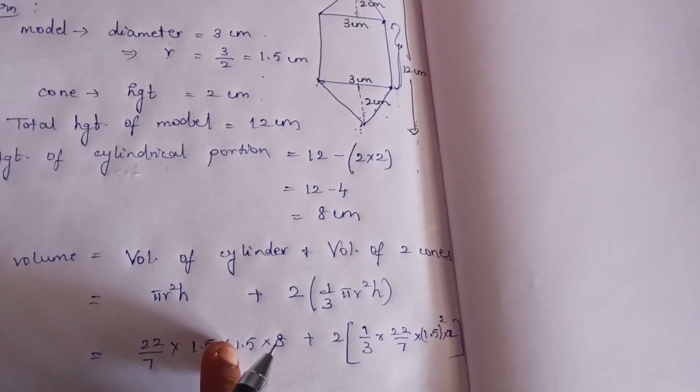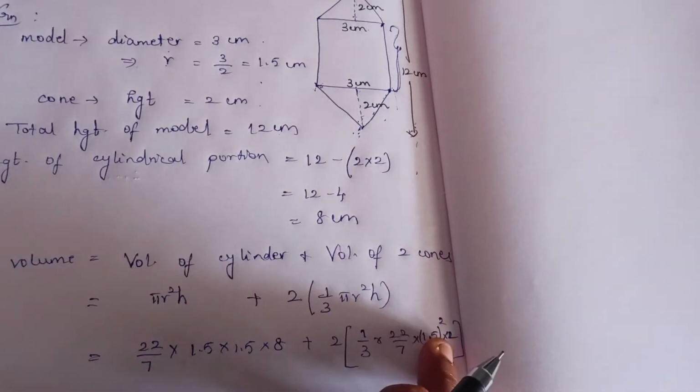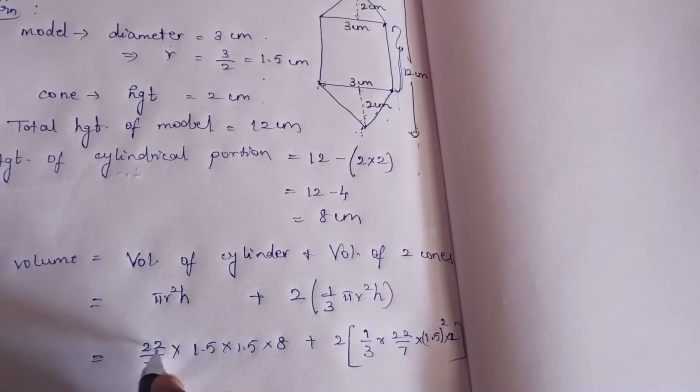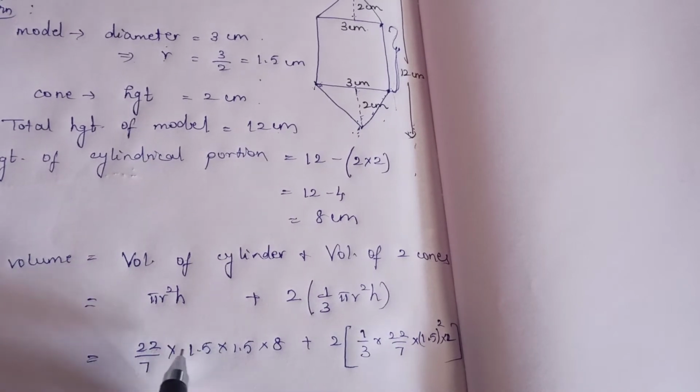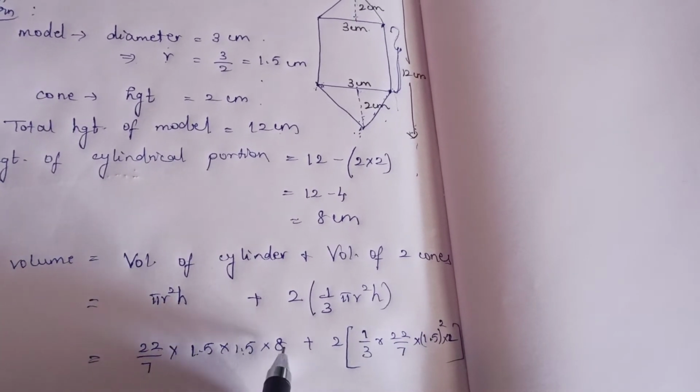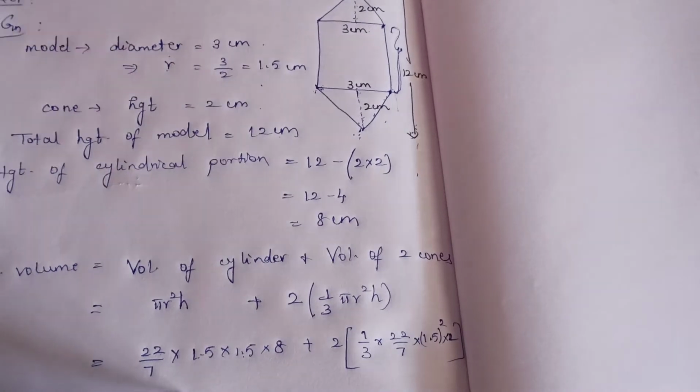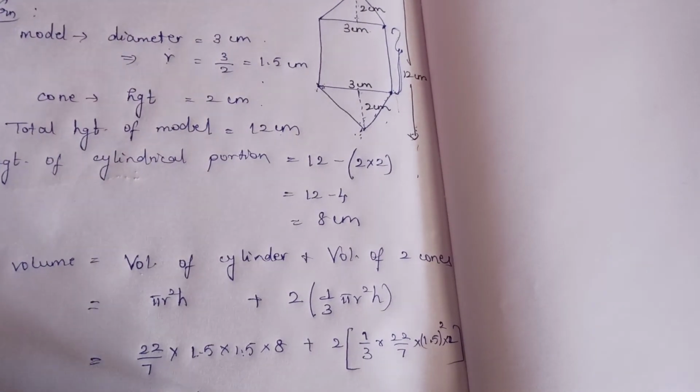So now here we cannot cancel, but here this 1.5 can be cancelled. Now let us multiply this and write. 22 into 1.5 into 1.5 into 8 gives you the value 396 divided by 7.